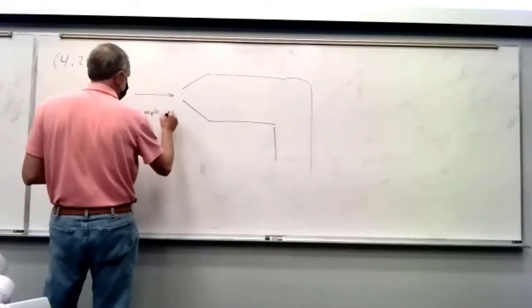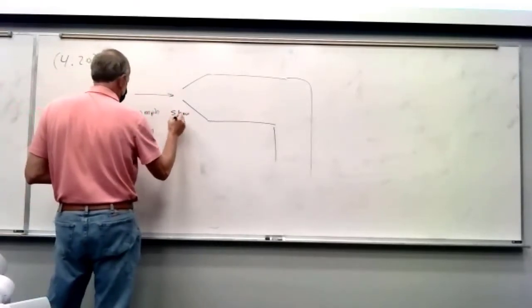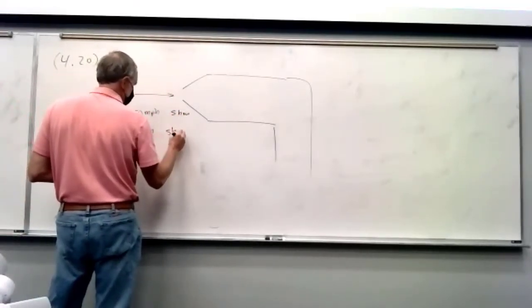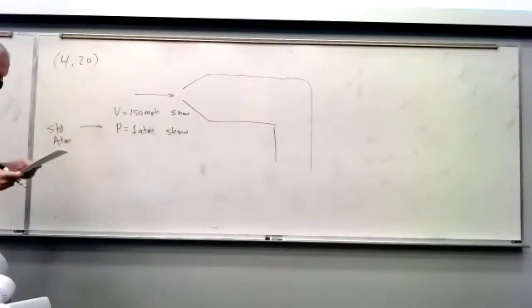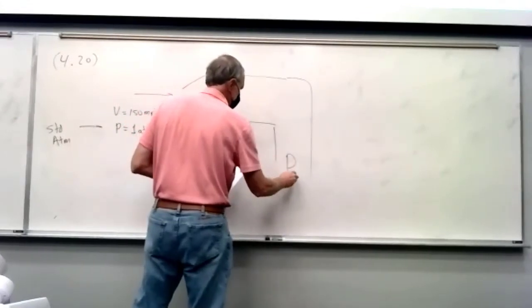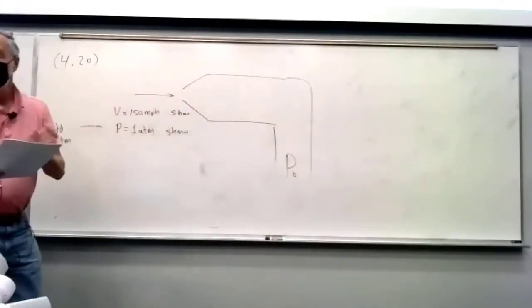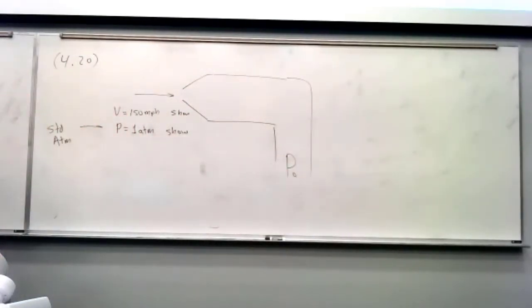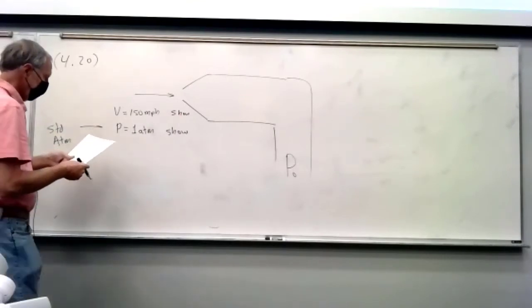So make sure you show the conversion here, show the lookup there, and they want you to calculate P0. Just use the definition of P0 as P plus 1/2 rho V squared.